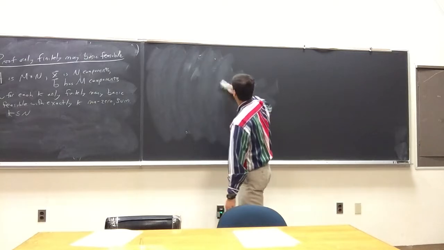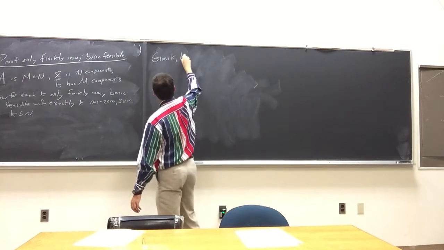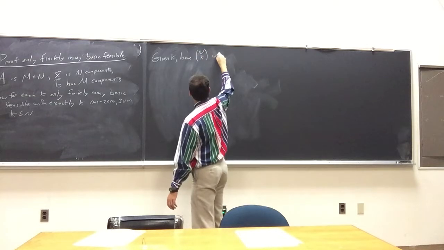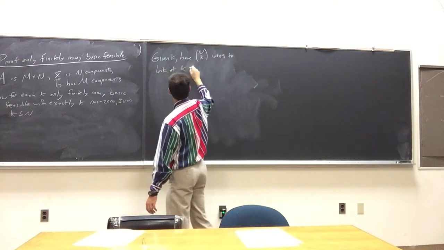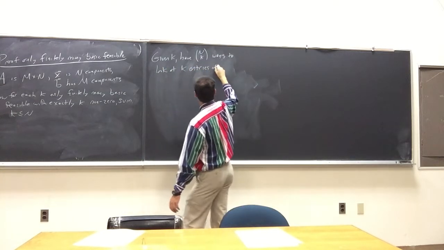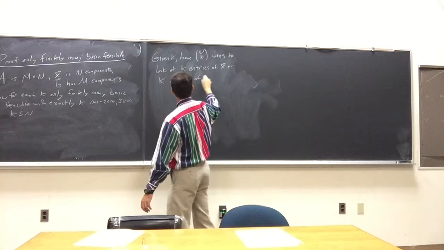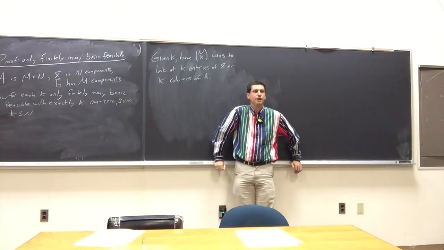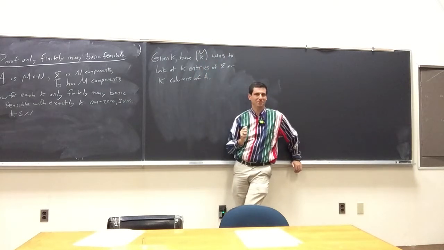Then we want to look at 5 columns of A. So given k, we have n choose k ways to look at k entries of x or k columns of A. If k is 5, there are n choose 5 ways to choose 5 columns of A. I can't choose the same column twice. So all we have to do now is show for each one of these, there's only finitely many.